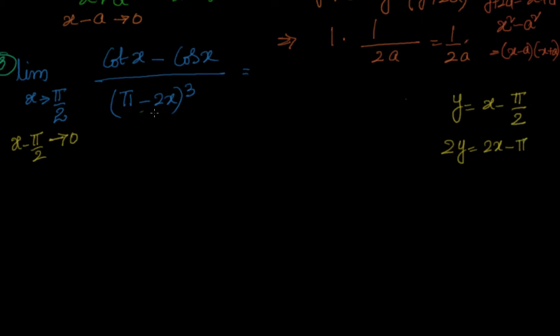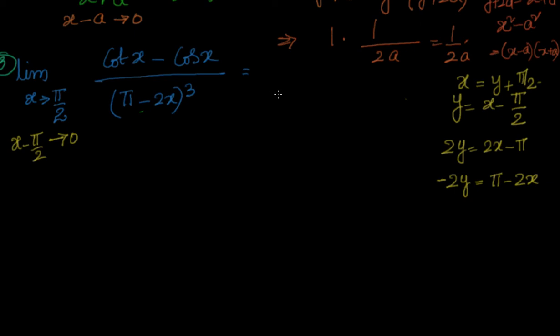I have here pi minus 2x, so what I will do, I will multiply with minus and say minus 2y equal to pi minus 2x. Anything else we need to know? We need to know what is x. X is nothing but equal to y plus pi by 2. There you go. Now once we are done with that, we can substitute in the formula.